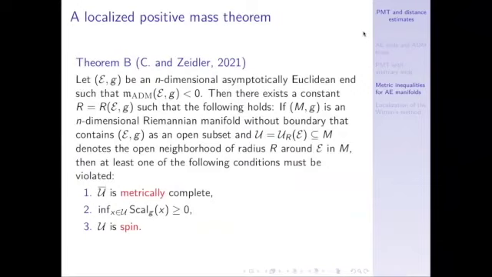We now state our second main theorem. So this is a localized version of the positive mass theorem, saying that, well, suppose that E is an n-dimensional asymptotically Euclidean end, such that the ADM mass is negative.